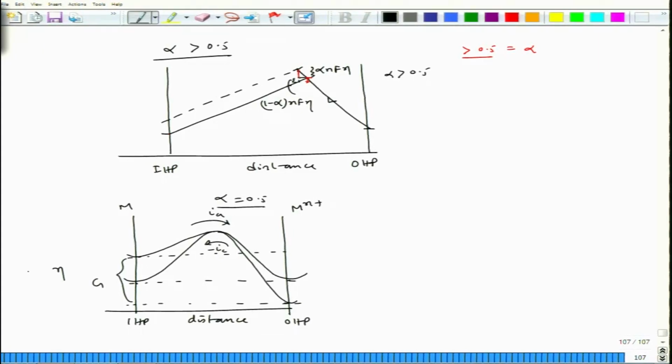The free energy change would be nF eta, and out of that, if we consider this to be alpha nF eta, this part would be then (1 minus alpha) nF eta. Then accordingly we can calculate.